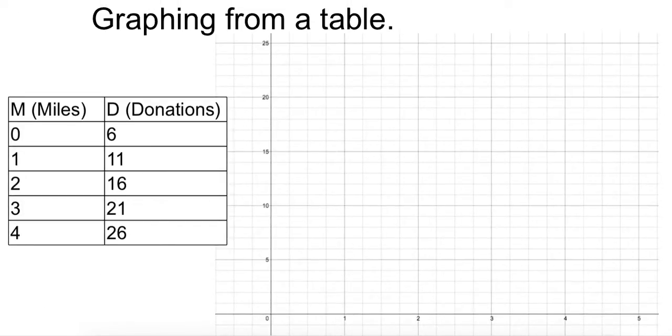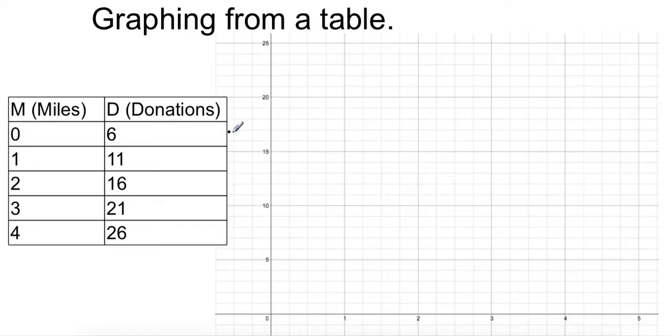So we're going to get a little bit more practice with this. So here we can see that we have kind of an interesting graph because at 0 miles, this person's already raised $6. So in order to create our equation, first we need to find our rate of change.